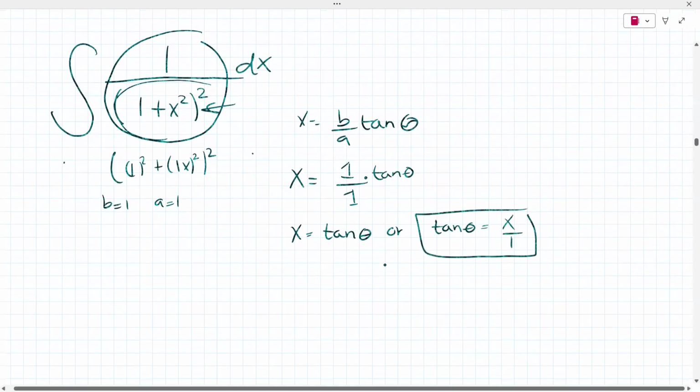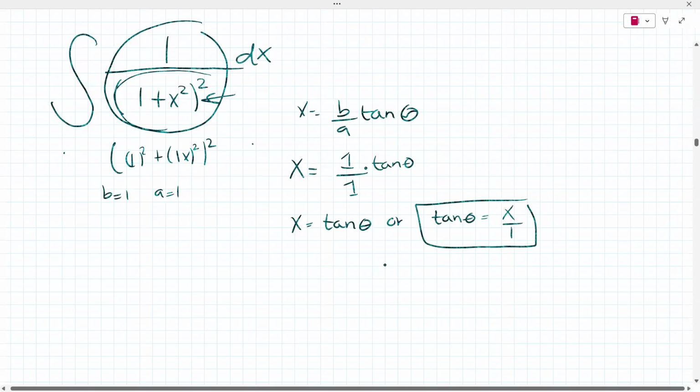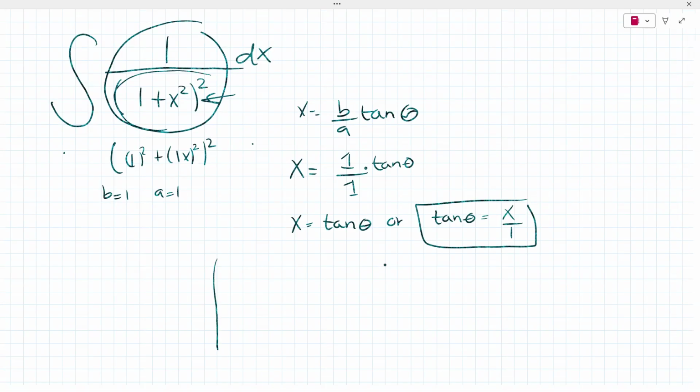Okay. So now we're going to do our triangle, our right triangle, put theta here. Let's use our SOHCAHTOA. If tan theta is x over 1, so tan is opposite over adjacent. Here's theta. Opposite is this side, so that's x, and adjacent is 1.